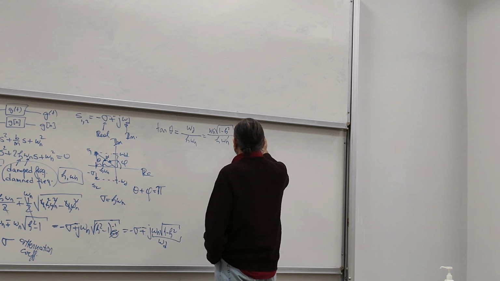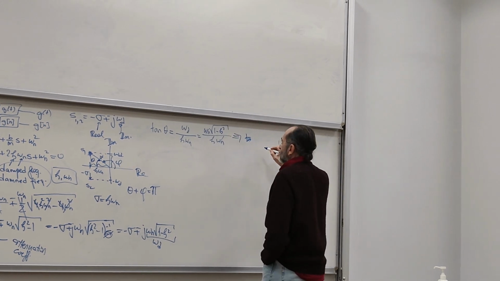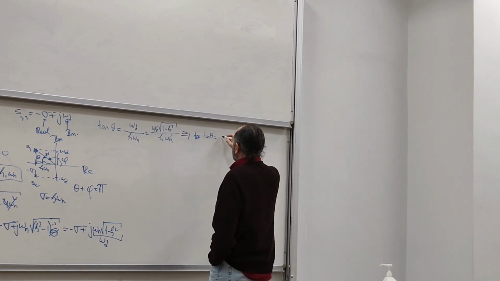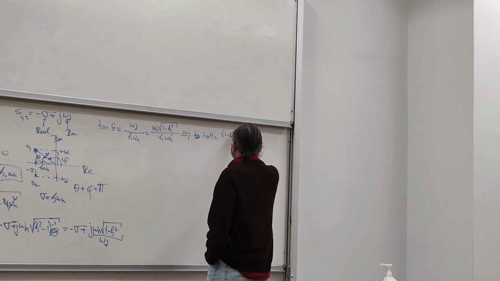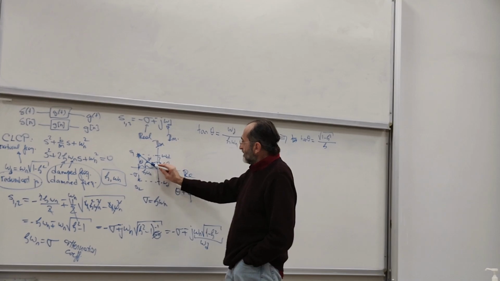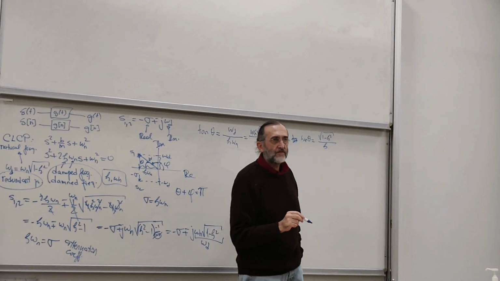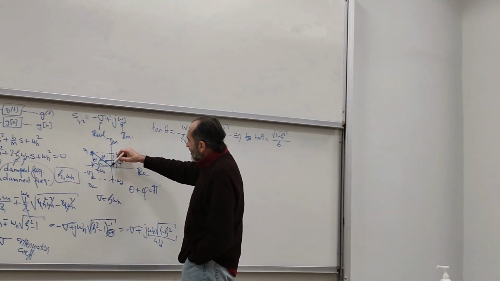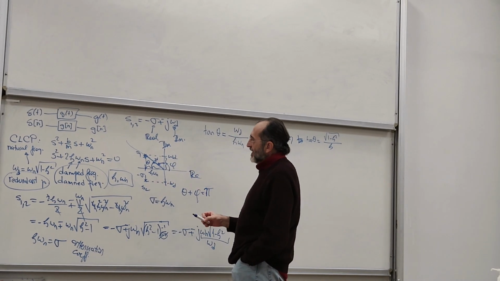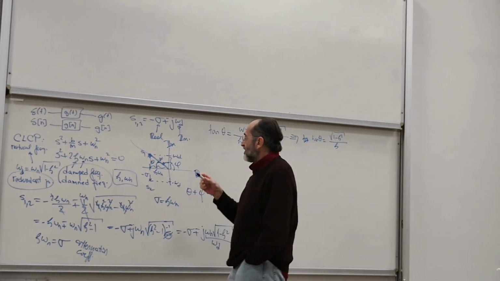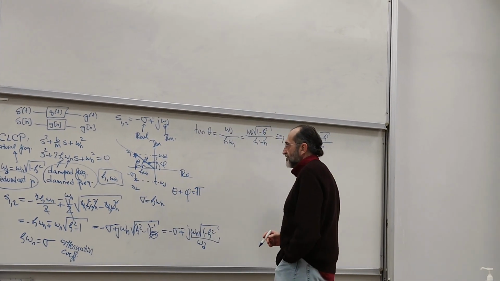So tan theta is equal to square root of 1 minus zeta squared divided by zeta. So this angle, this line, is going to give me the constant zeta things. I can change k.